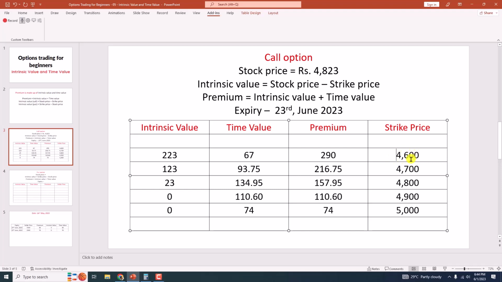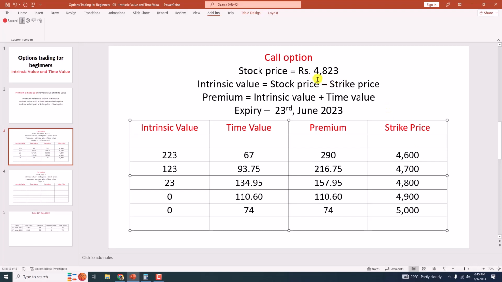So as soon as the option expires, will I go to the seller and say, hello seller, I have an option to buy the stock at 4,600 rupees, so give me the stock? Of course I will say that. Why?